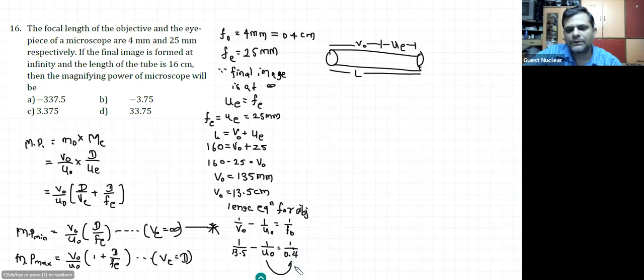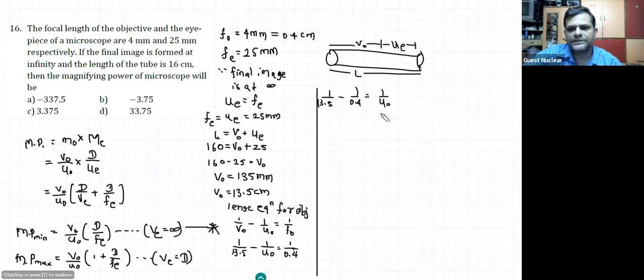We will take 1 upon UO to this side and bring this 1 upon 0.4 to this side. So in the next step see what we get. So we can get 1 upon 13.5 minus 1 upon 0.4, which is going to be equal to 1 upon UO simply.